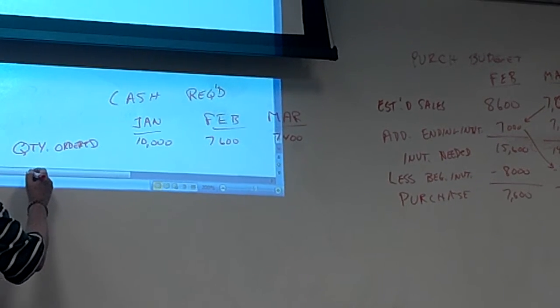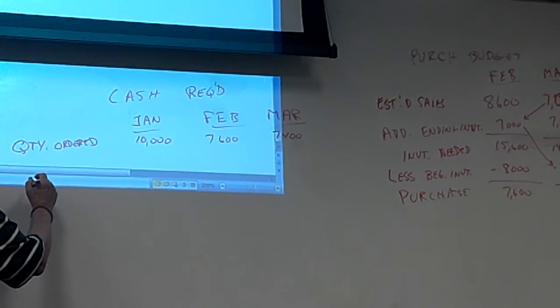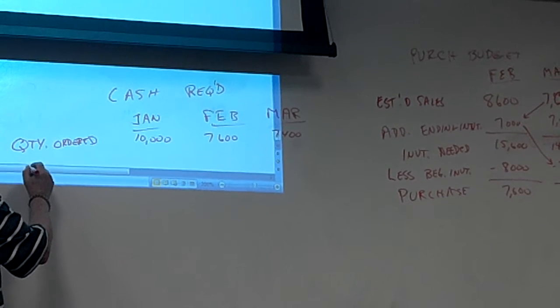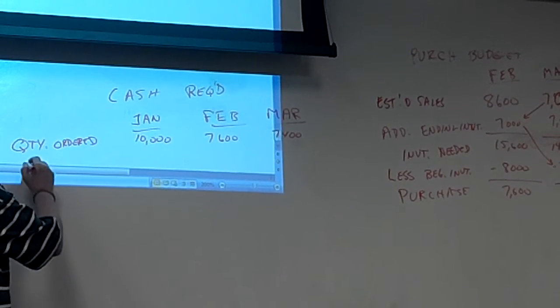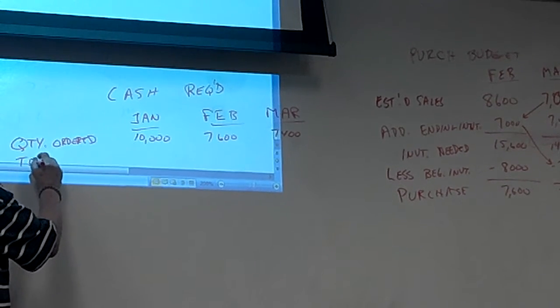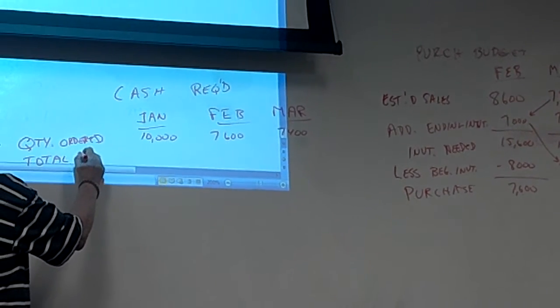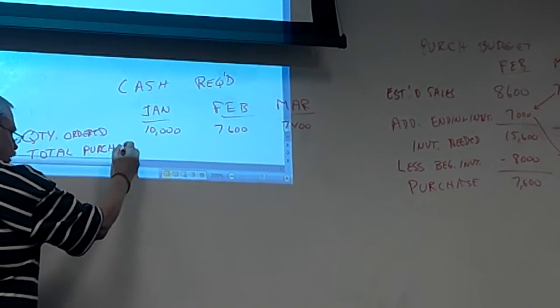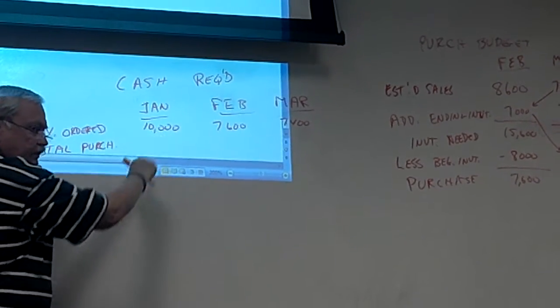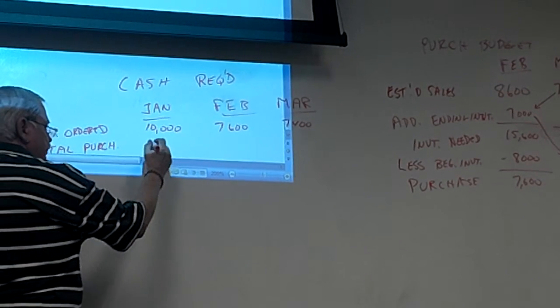Okay, so let's talk, should we calculate the total? Yeah, we'll just do that for the heck of it. Total purchase. 10,000 times 290.